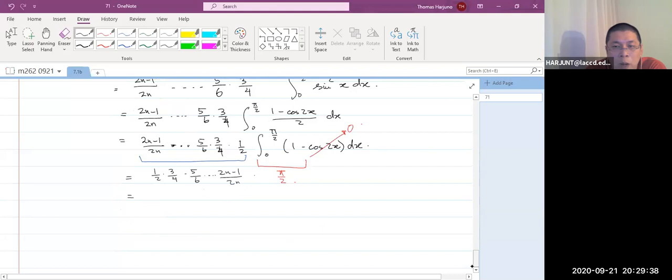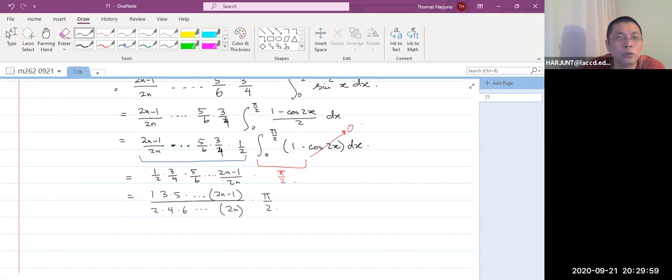So if I combine the numerator together, that will be 1 times 3 times 5 up to n minus 1. On the denominator, we will have 2 times 4 times 6 up to n times pi over 2.